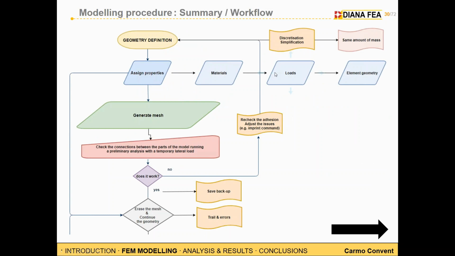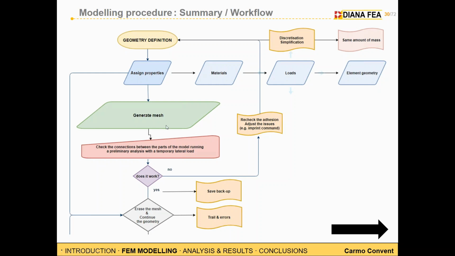Okay, in these two slides, I would like to make a kind of summary of what we have done until now, because maybe it can help you to avoid mistakes if you are going to model a complex structure such as Karmo-convent.